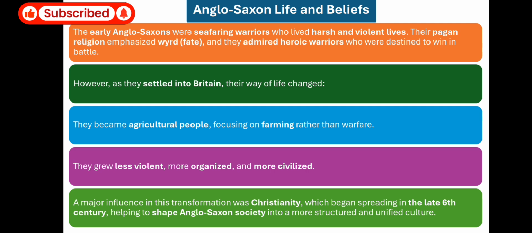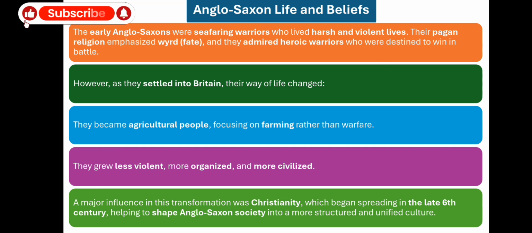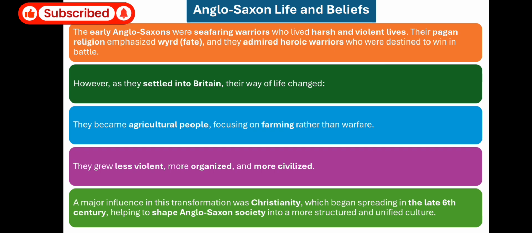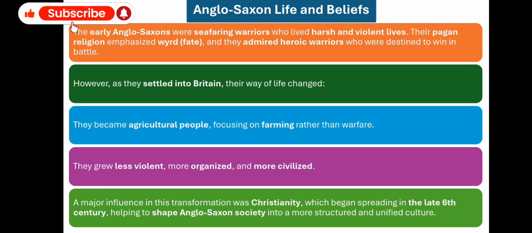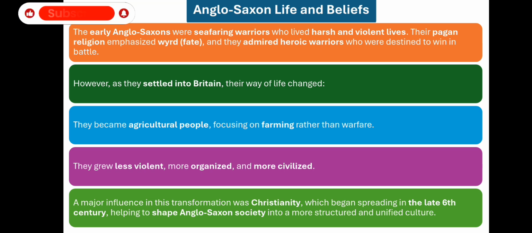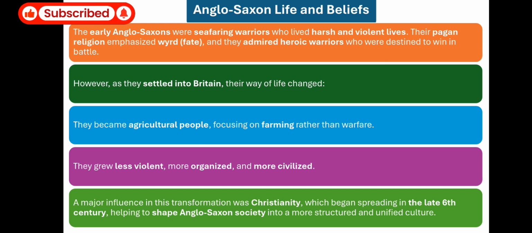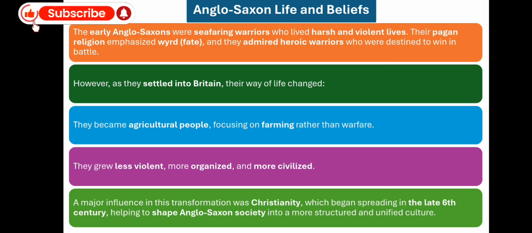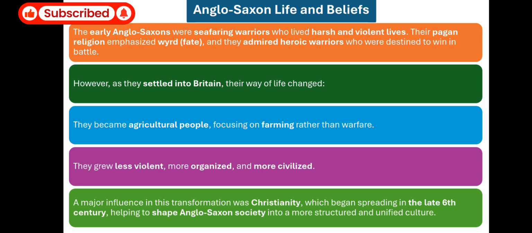So a major influence in this transformation was no doubt Christianity, because Christianity was the religion of peace. Christianity taught them how to adopt a peaceful life and to have their own livelihood. So they started agriculture and grew their lands after they adopted Christianity. Christianity transformed the life of these Anglo-Saxon tribes, and they became civilized.